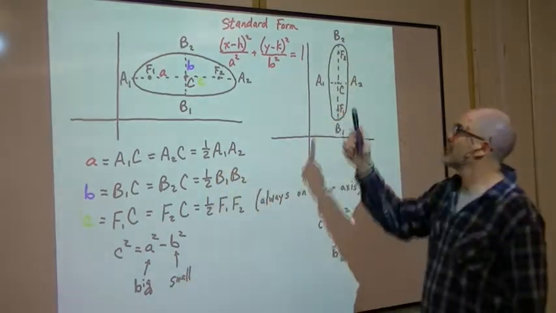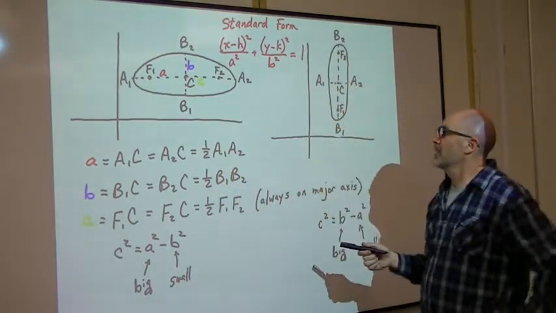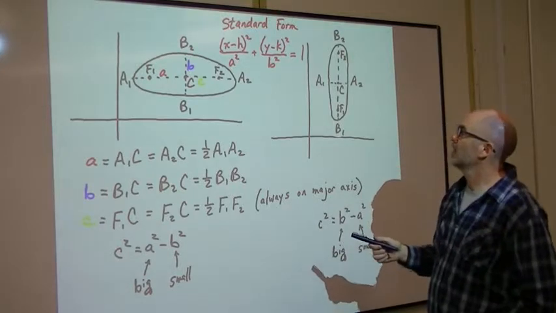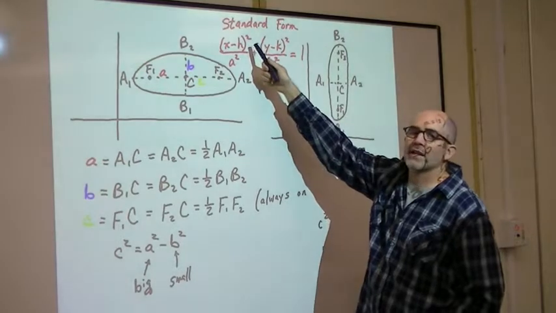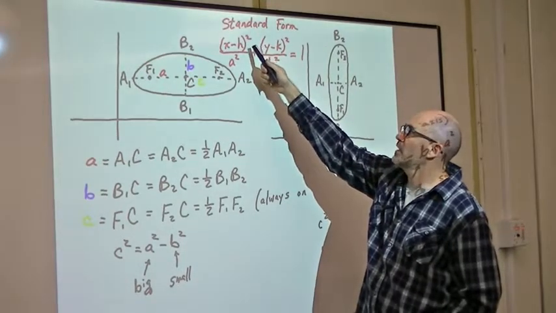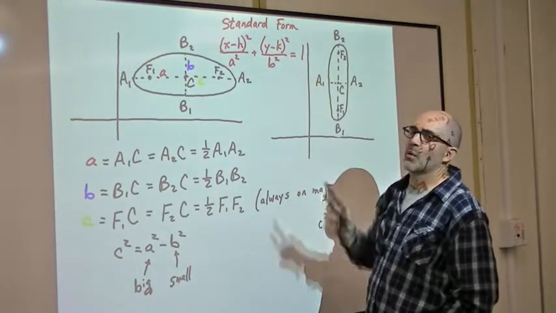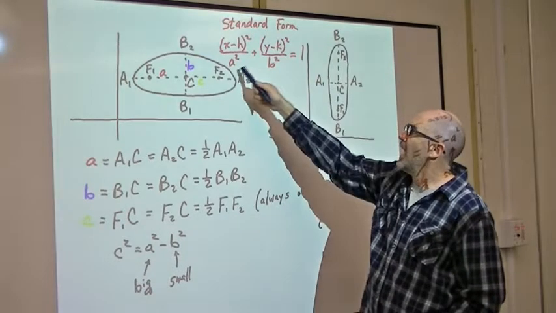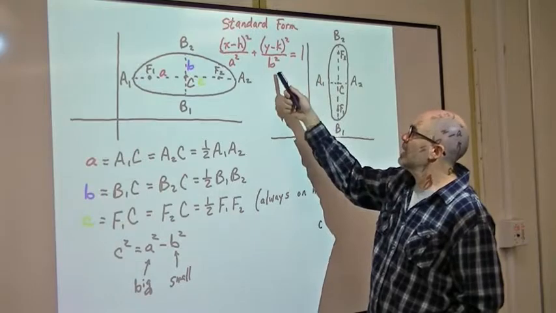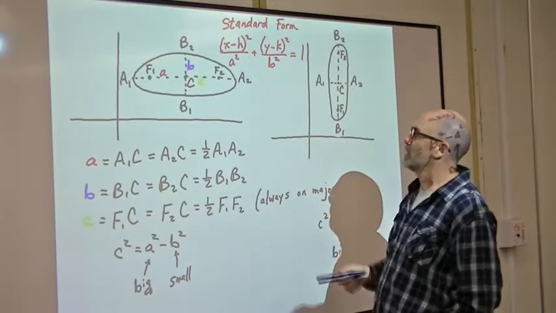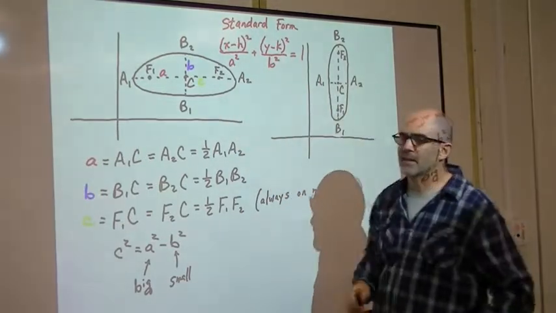That will always be the standard form of the ellipse. Now, note, h is always horizontal distance, k is always vertical distance. A is always horizontal distance, and B is always vertical distance, no matter which way we have it oriented.